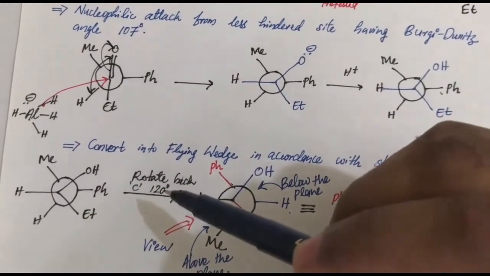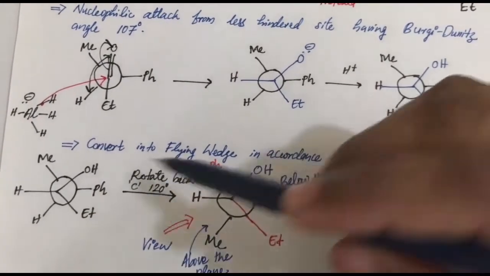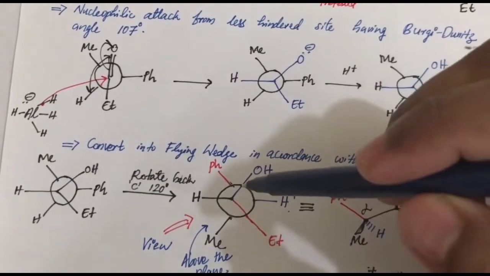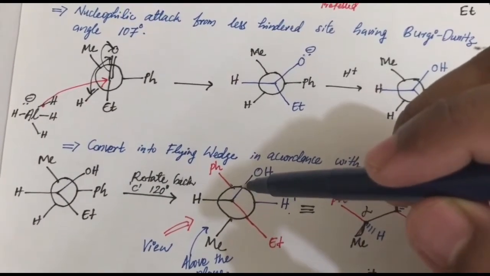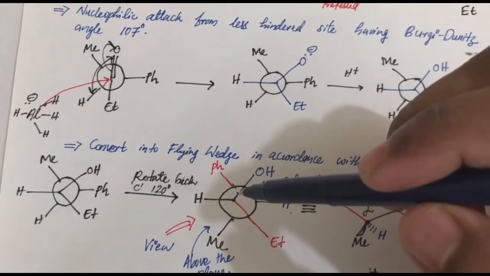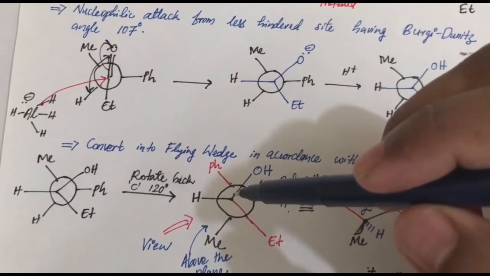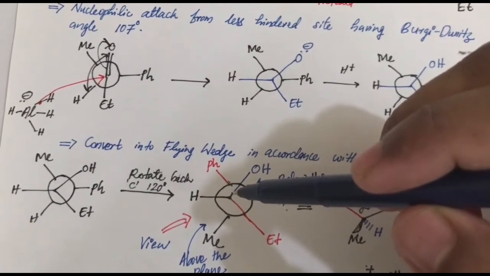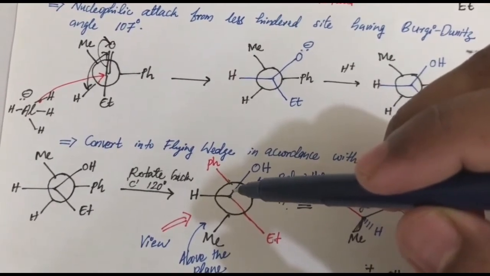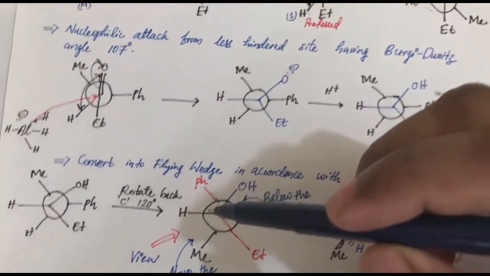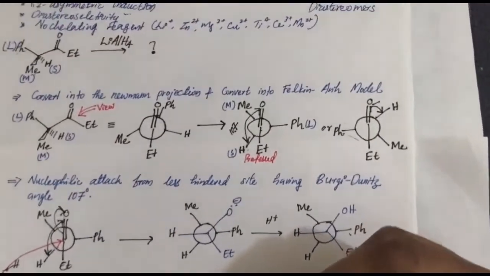The main thing is that before converting this into flying wedge, we want to analyze our starting material. What are the species in the plane of paper? What are the species in wedge or dash at the alpha carbon? That should be remembered.